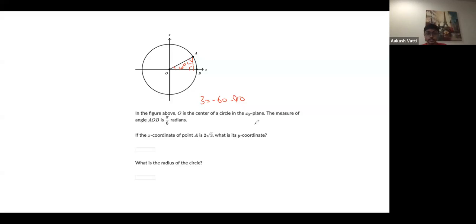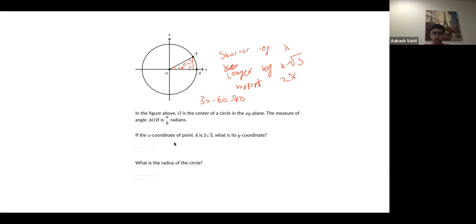In a 30, 60, 90 triangle, the shorter leg is going to be of length x. The longer leg is of length x times square root 3, and the hypotenuse is equal to 2x.